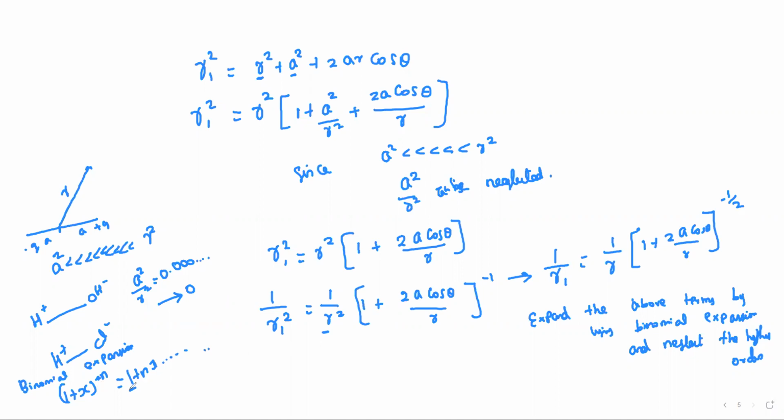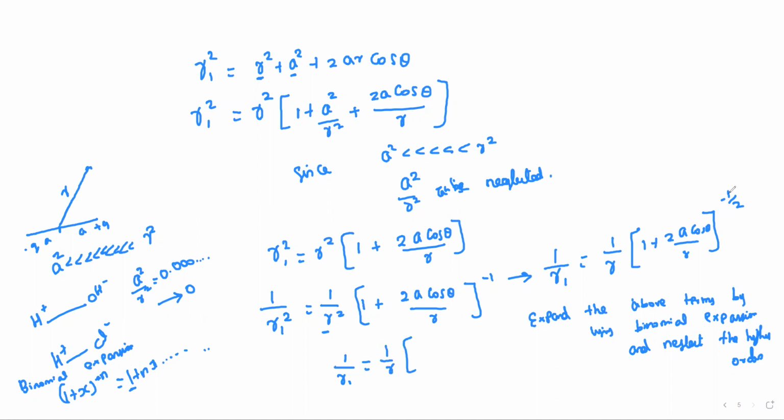So the first two terms are 1 and this n multiplied by this factor. So 1 by r1 is equal to 1 by r.